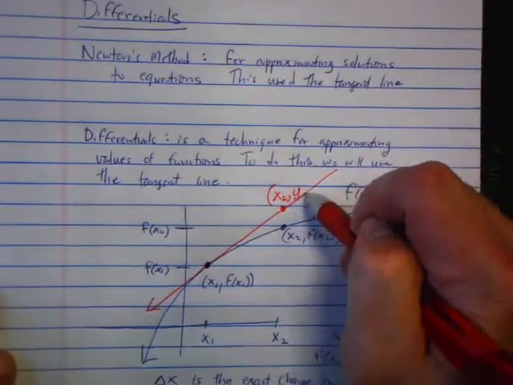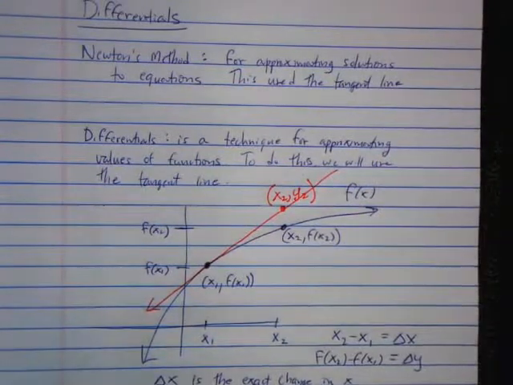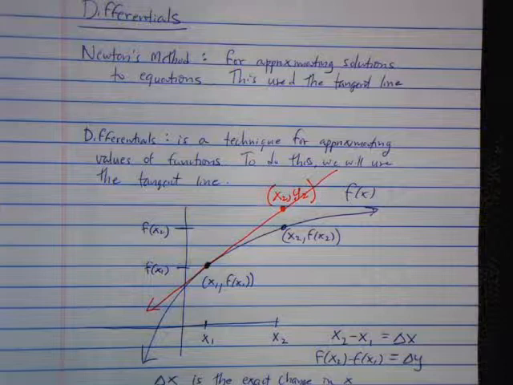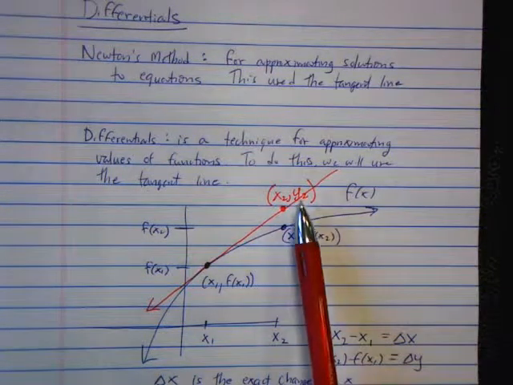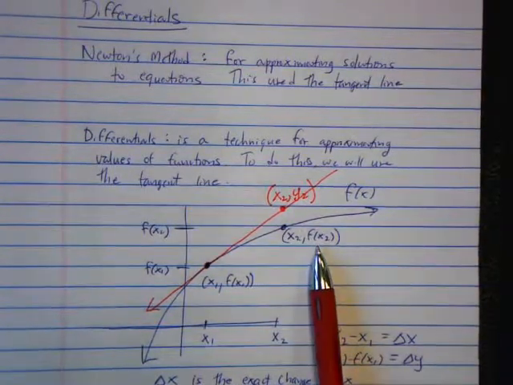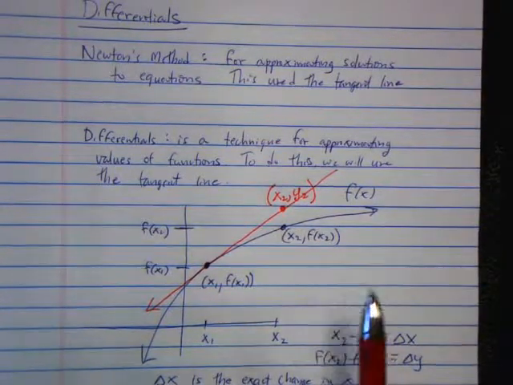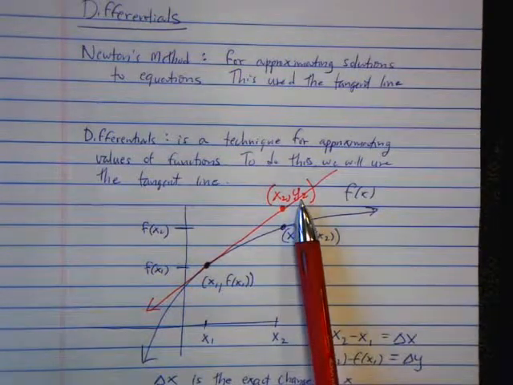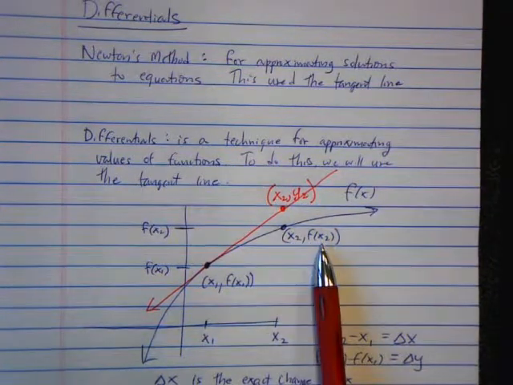In just a minute, we'll figure out what that y2 value really should be. Now, I want you to notice one thing. Is y2 exactly equal to f at x2? No. Is the y2 value close to the f at x2 value? Somewhat close, right?